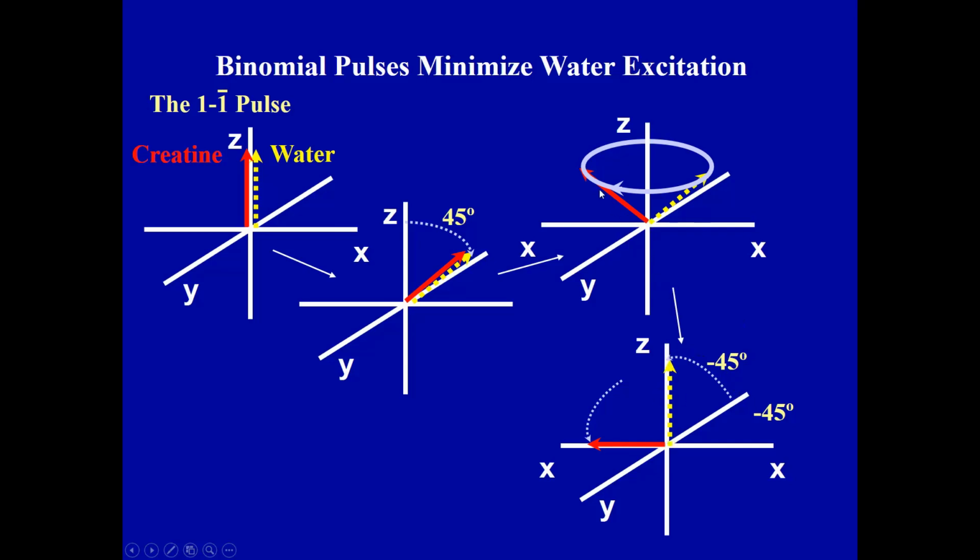The creatine moved 180 degrees because we had a time delay for the frequency difference to allow it to precess. And now that minus 45 degree tip puts it into the XY plane. So for this very simple suppression, we have water moved into the z-axis where we can't see it, and creatine moved into the XY plane where we can see it.